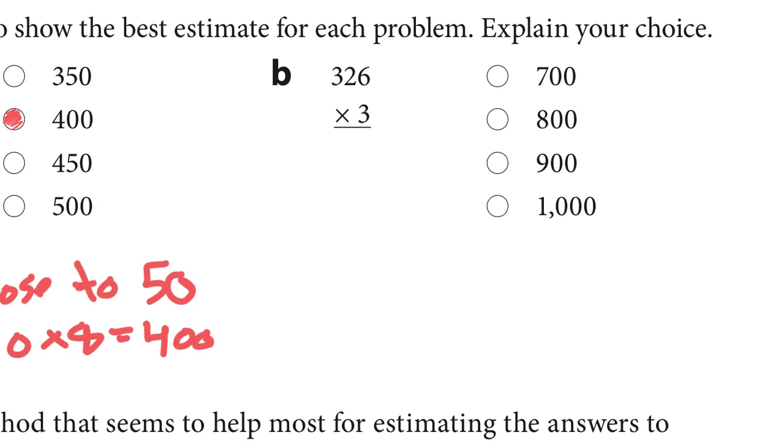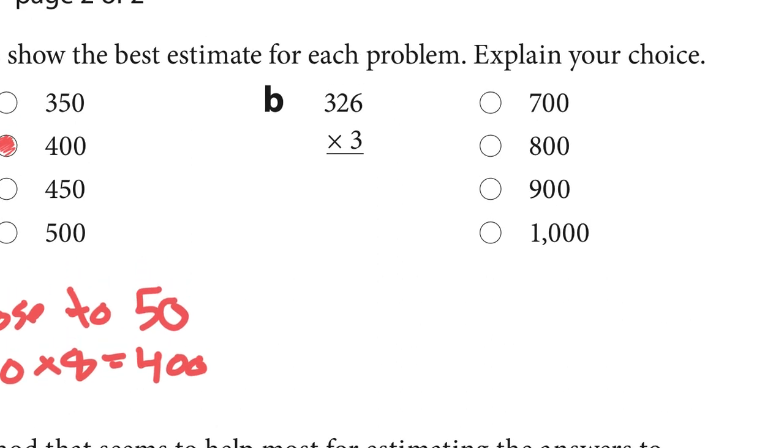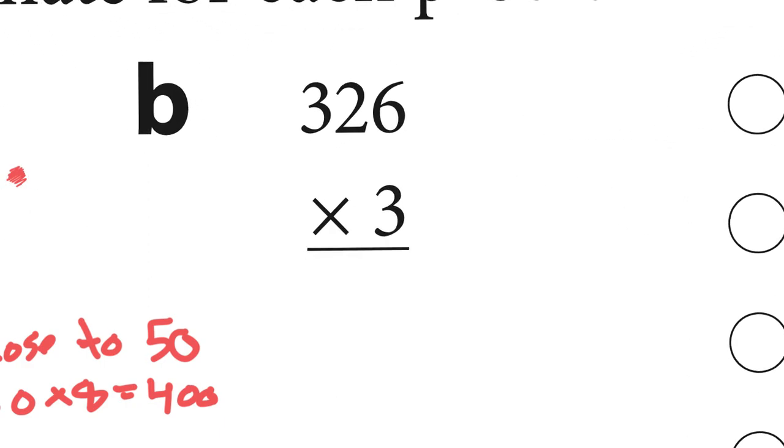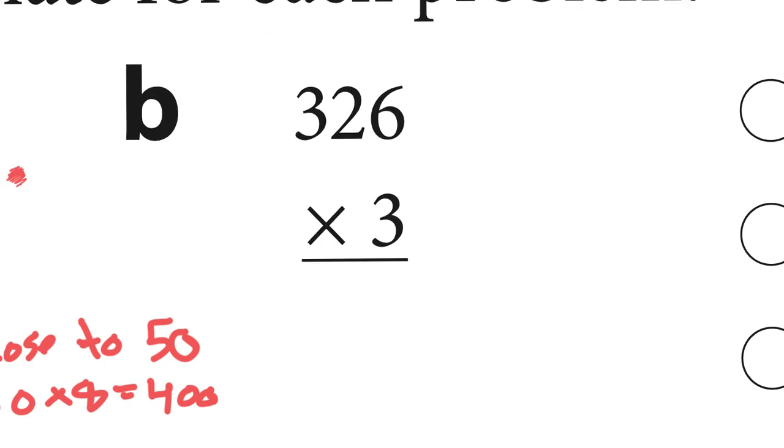When you look at this next one, 326 times 3... Wow, there's quite a few options for you to take a look at. But what do you think? Let me see if I think I did this kind of wonky. There we go. My screen was acting up. When I look at this one here, 326. Well, how can I make this more mental math? Are you going to round this all the way down to 300 to make it a little bit easier?